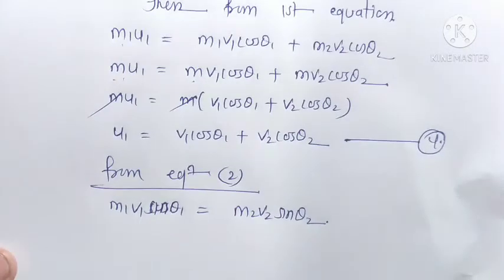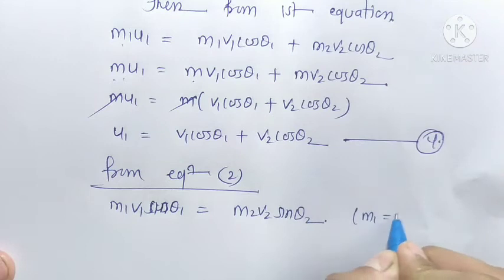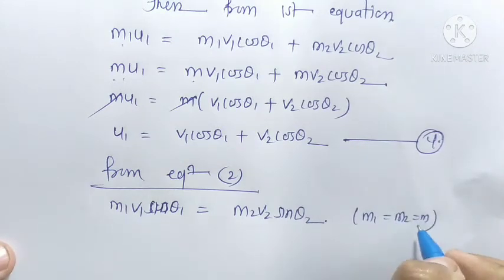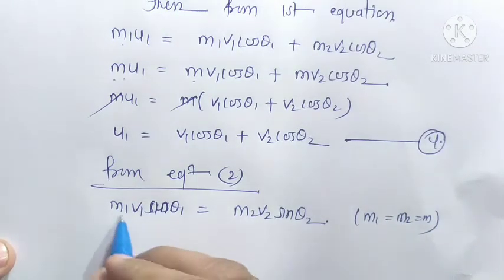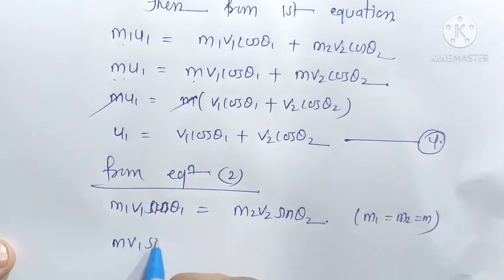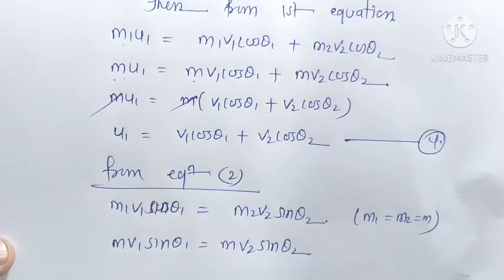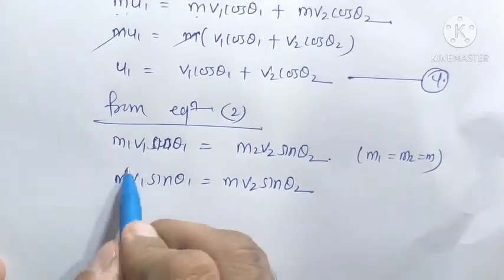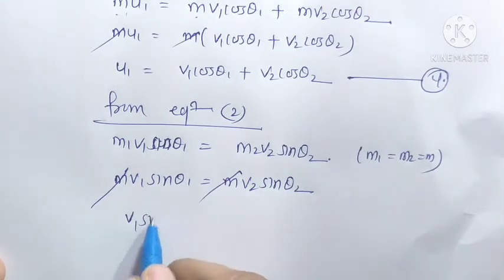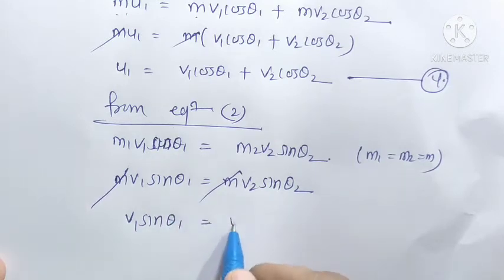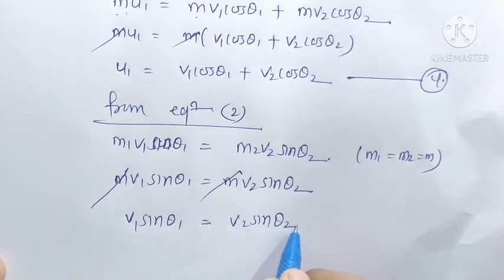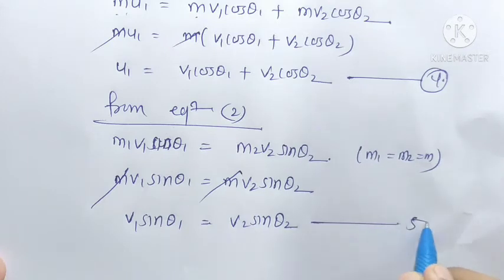Firstly we write that equation here, and we put the condition m1 = m2 = m. So m v1 sin theta 1 = m v2 sin theta 2. The m and m cancel each other, so v1 sin theta 1 = v2 sin theta 2. We call this equation number 5.